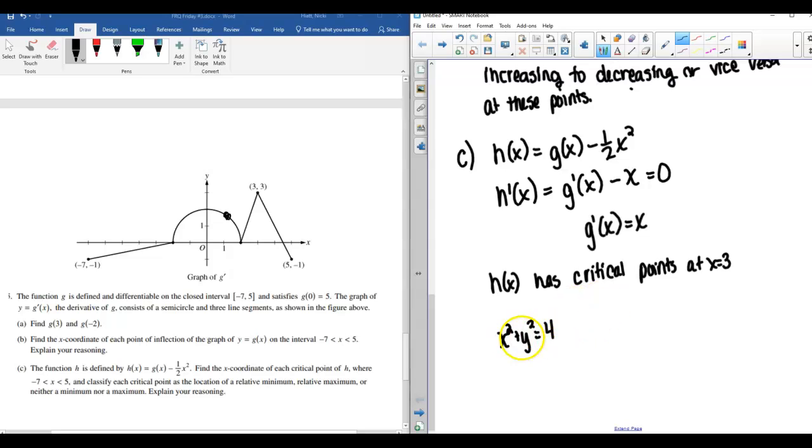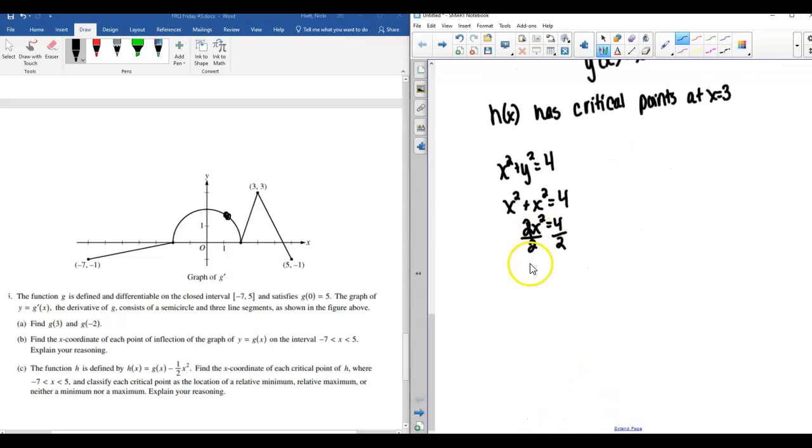If x and y are the same, then I could replace the y with an x. So x squared plus x squared equals 4. That gives me 2x squared equals 4. Divide both sides by 2, and so x squared equals 2, and I can square root both sides.